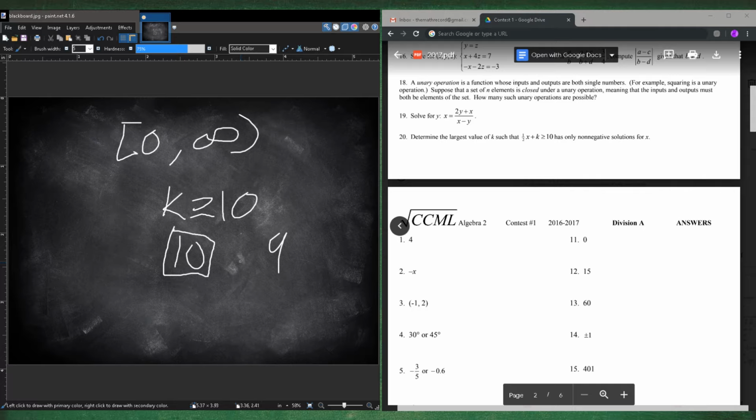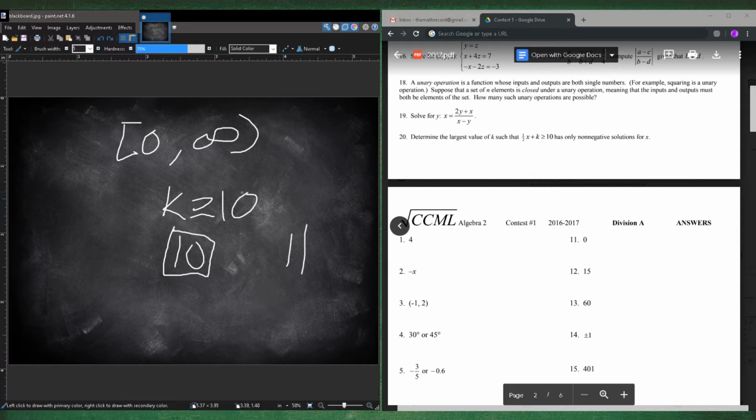If you put in, like, 11, then x could be, like, -2. Plug in -1 plus 11 is 10, and 10 is greater than or equal to 10. So -1 is in the solution set, but it says non-negative. You can't have something like that, so 10 is the biggest possible number.